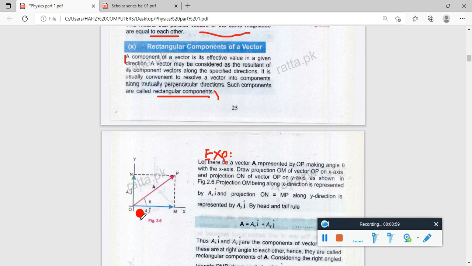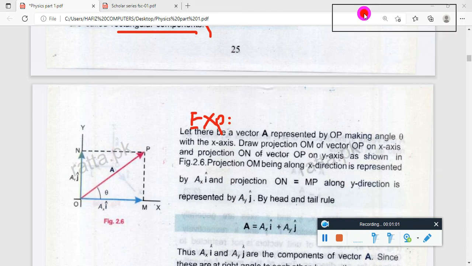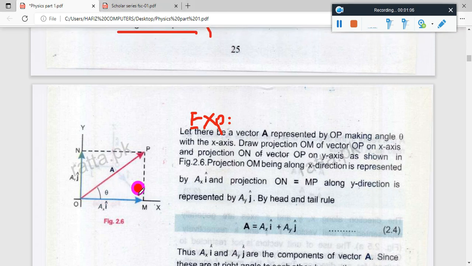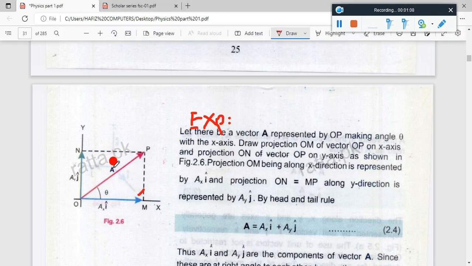This is the plane shown in a rectangular system, with vector A and its x-axis component in the x direction, AyJ component with unit vectors. OP is the line representing this vector A. Draw the projection OM of vector OP on the x-axis and the projection ON of vector OP on the y-axis.